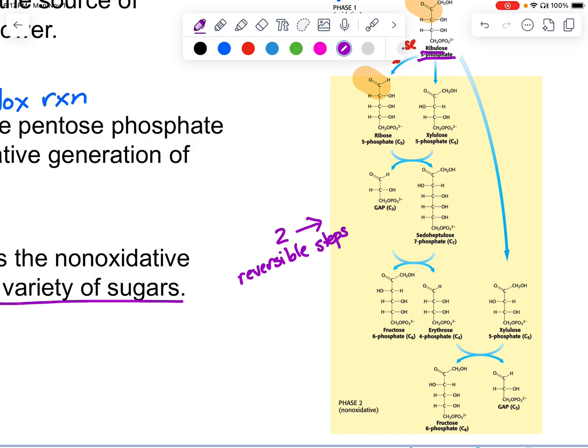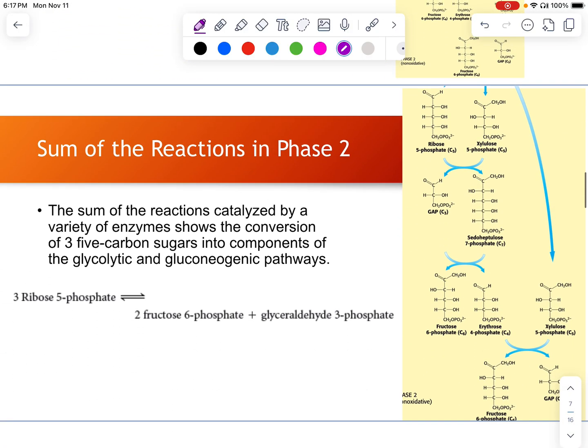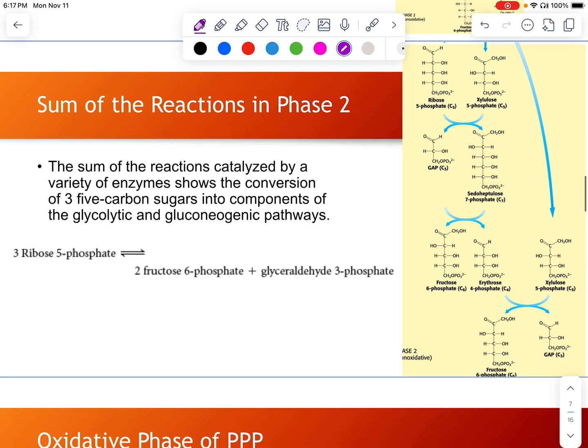We're not going to look at all the enzymes in phase 2, but we are going to look at situations where they would run one way or the other. If we look at a summary of the reactions in phase 2, you do not need to know all of these names, or the details of the order of how these all react. We're going to look at this in the big picture.